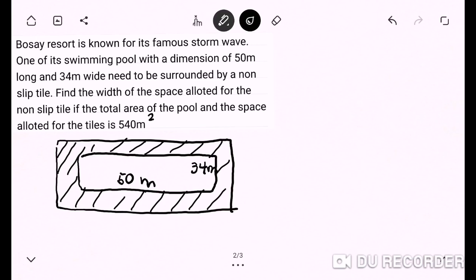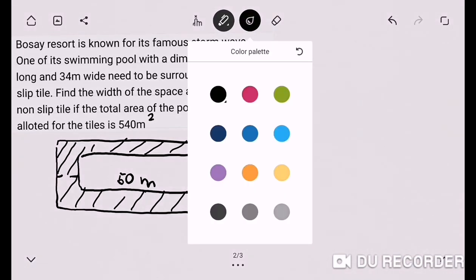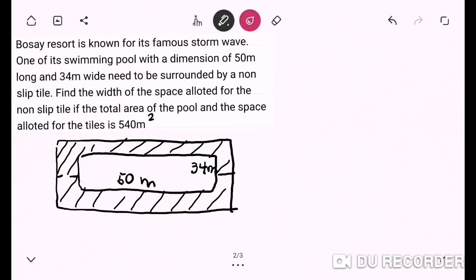So, let's say that the width o yung lapad nitong space na to, pwede nating i-represent as x. So, considering na ang lapad nung ipapalibot natin sa swimming pool ay pare-parehas, meron na tayong panibagong dimension kung saan mas malaking rectangle yung basis natin.